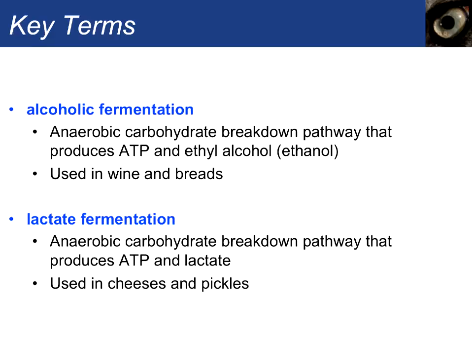So this is the process used in cheeses and pickles. This is also the process used in your muscles when you exercise too hard and you're not taking in enough oxygen. And the lactate that's produced is lactic acid, and the acid is what makes your muscles sore afterwards.